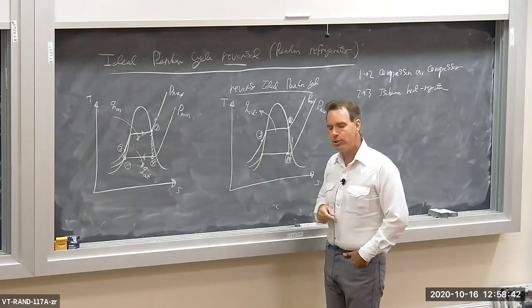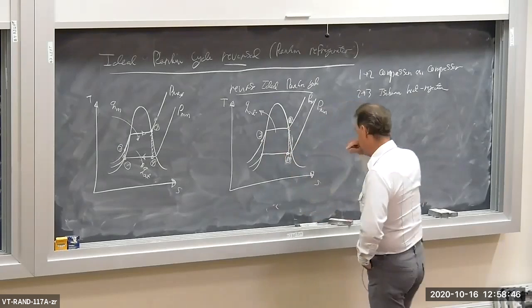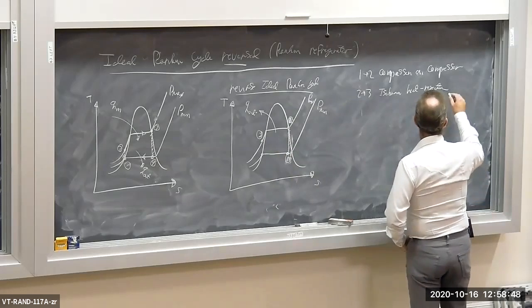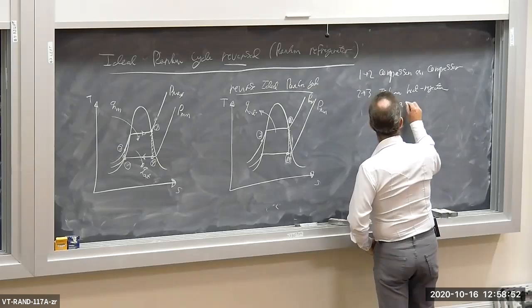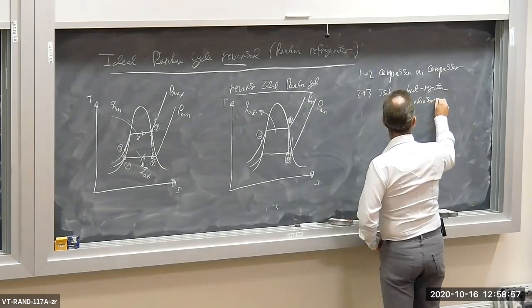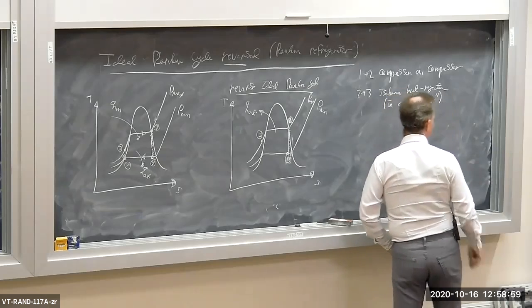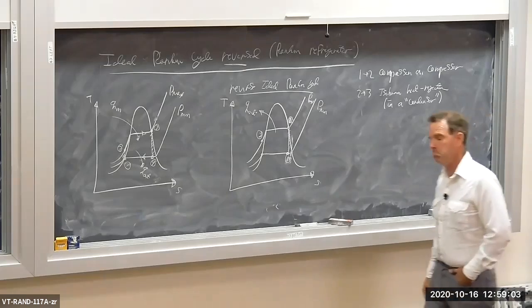So we're condensing the working fluid. We're going from a vapor to a liquid, so we're condensing the fluid. So this is in a, quote, condenser, okay? In the condenser, the boiler became a condenser. That's nice.